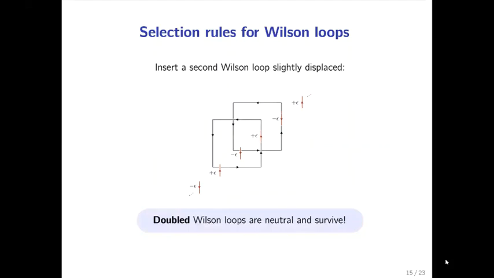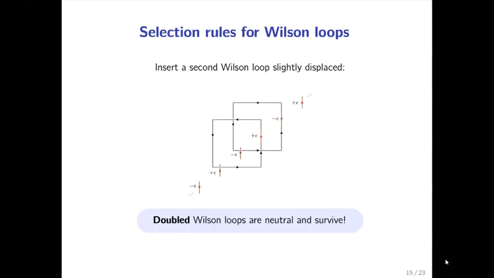Okay. But if we look at this picture, I think it's clear if you add a second Wilson loop, which is displaced precisely in this diagonal direction, then this is a neutral configuration. So this loop will pick up a plus i epsilon, this loop will pick up a minus i epsilon, but together this combination is neutral.